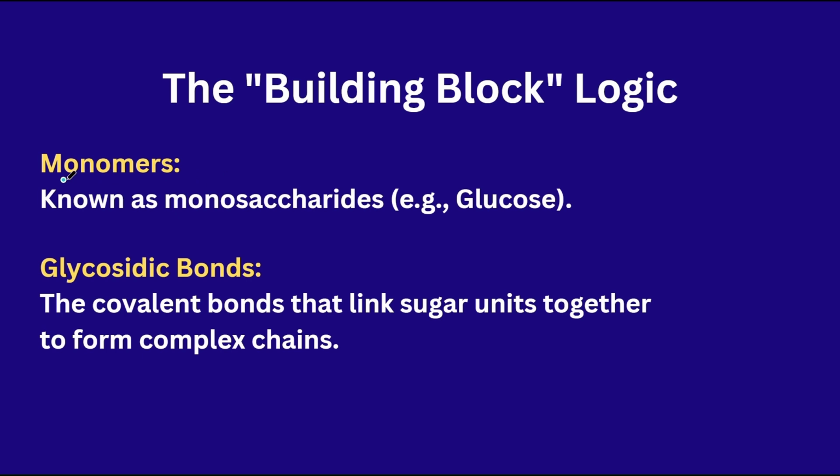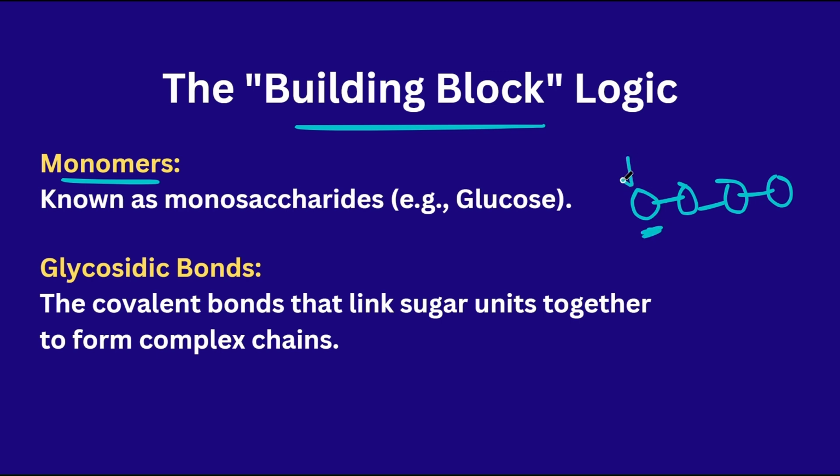Monomers. Monomers are the building blocks, because whenever we see the structure of a carbohydrate, it contains single units. This single unit is called a monomer. This is a sugar unit. This sugar unit is combined to another sugar unit, and here, this is the bond.